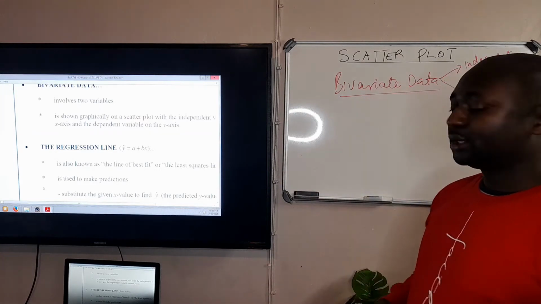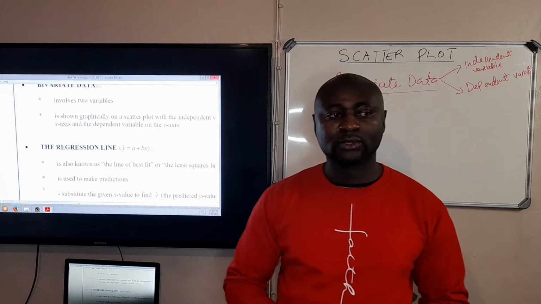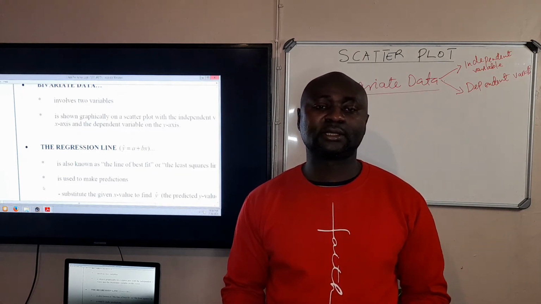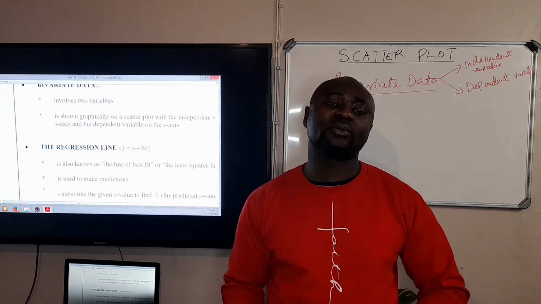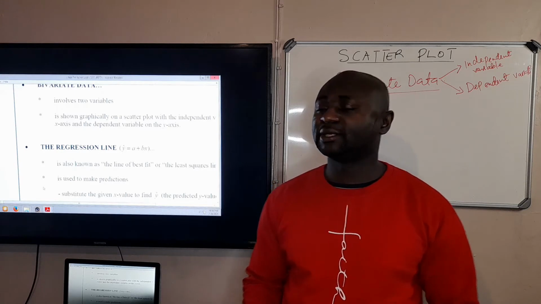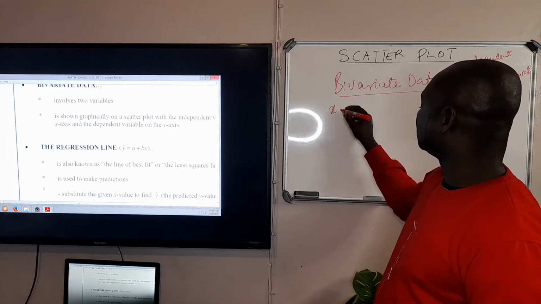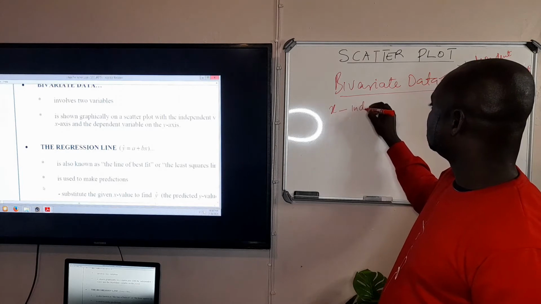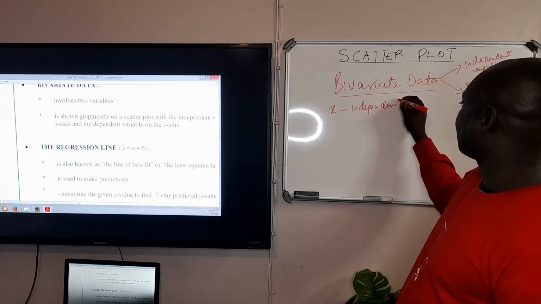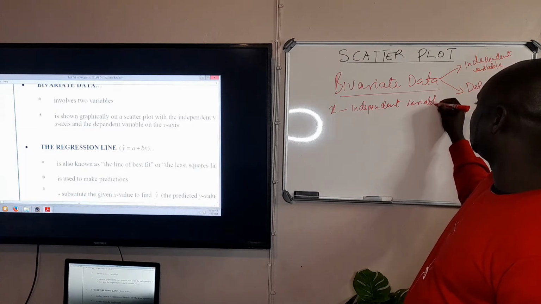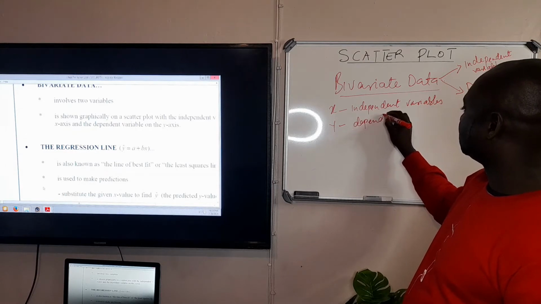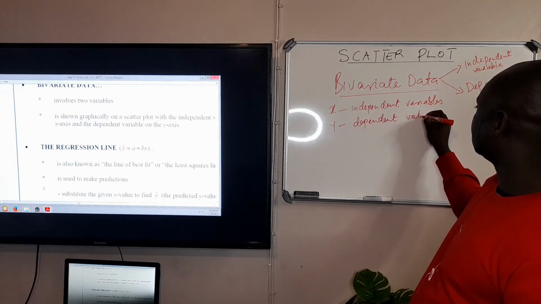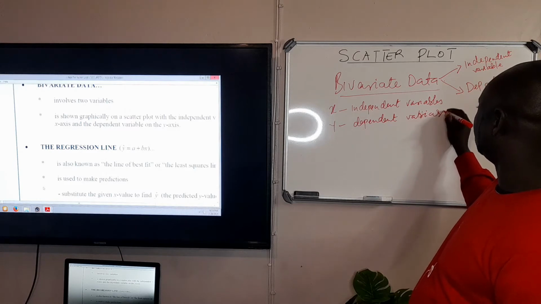You got to know what is independent and what is dependent. Normally when we give you the data, we put it in a table form. In the table you get X and Y. The X values are always referred to as the independent variable, and the Y values are called the dependent variable.